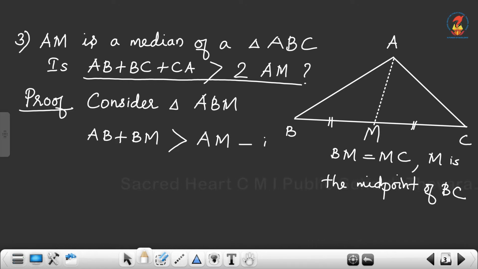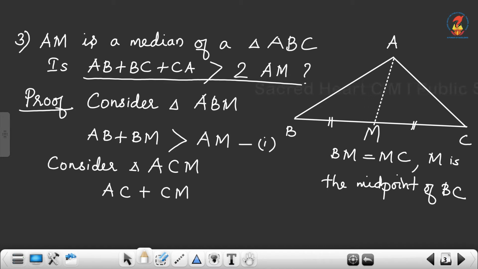Now we can take this one as the first inequality. Now you have to consider triangle ACM. Now when you consider triangle ACM, sum of any two sides is greater than the third side. Using that property we can write AC plus CM is greater than AM. We can take it as inequality number 2.